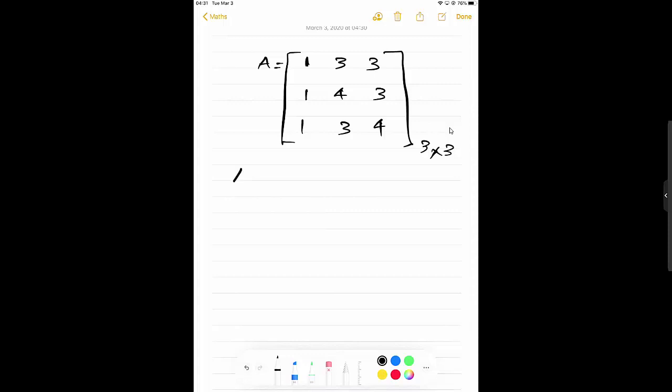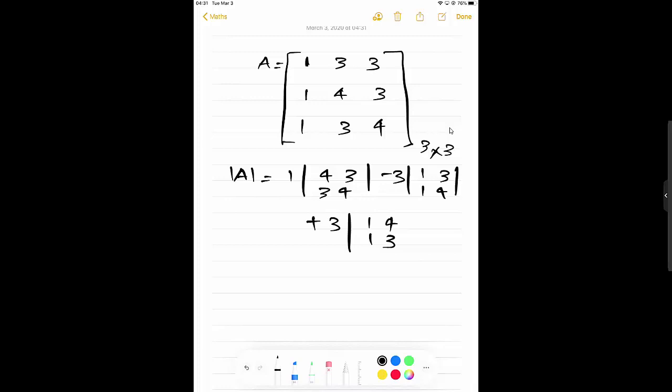So how will we find the determinant? The determinant of A is equal to 1 of (4, 3, 3, 4), minus 3 of (1, 3, 1, 4), plus 3 of (1, 4, 1, 3). In case you are new, just watch the previous videos.